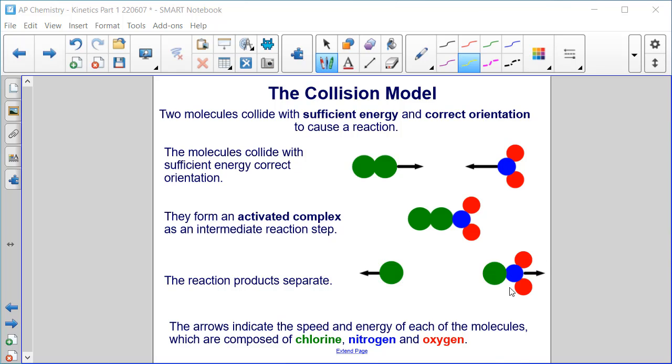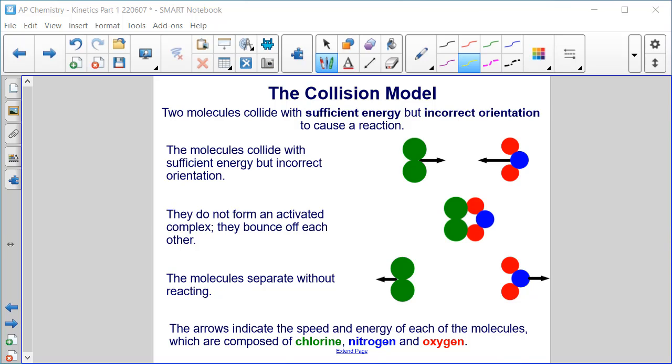You can see in this case, one chlorine is now attached to this molecule and the other is on its own. The arrows again indicate the speed and energy of each of the molecules, which is composed of chlorine, nitrogen, and oxygen. So if you compare the size of these arrows to those on the previous slide, you'll see on the previous slide the arrows were smaller because in that case there was not enough energy for the reaction to occur.